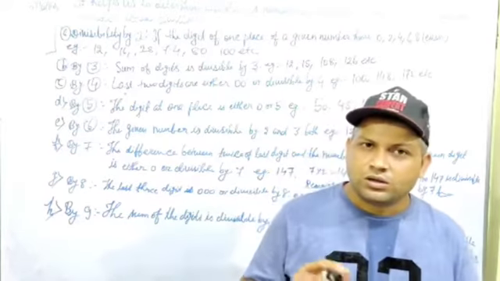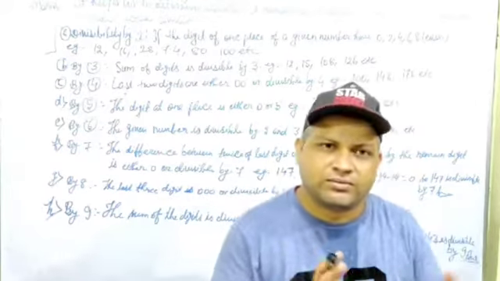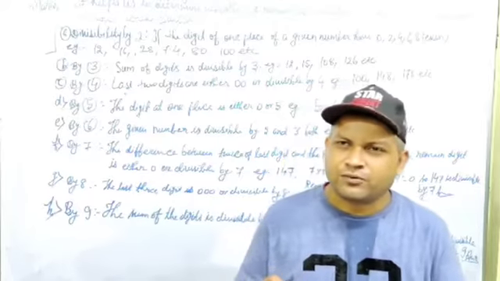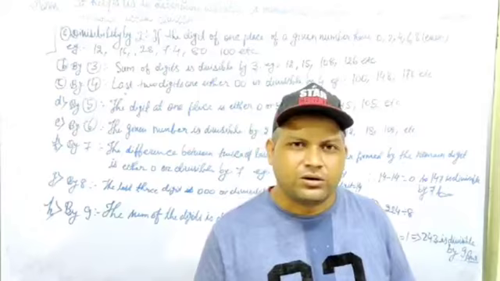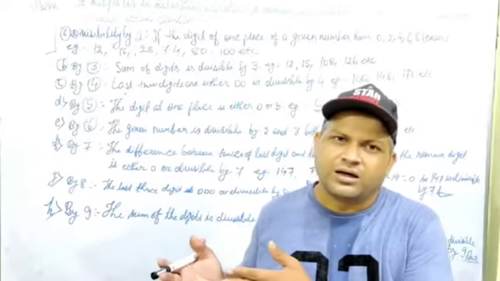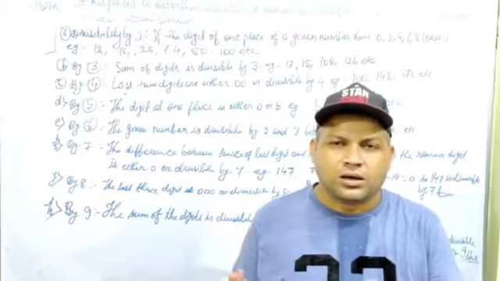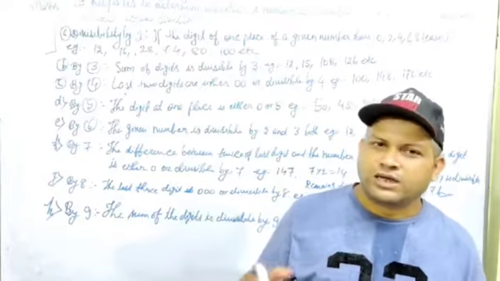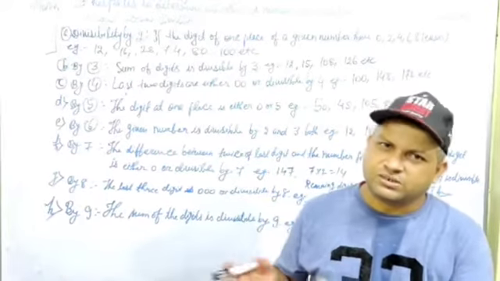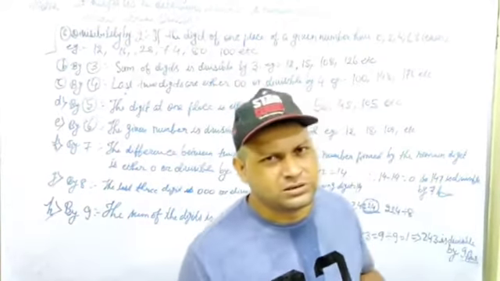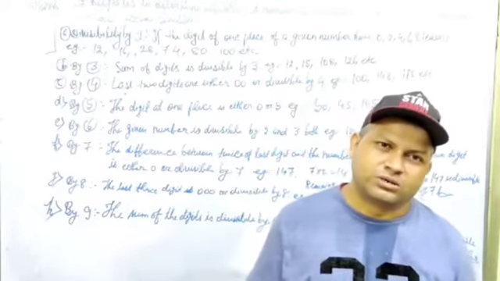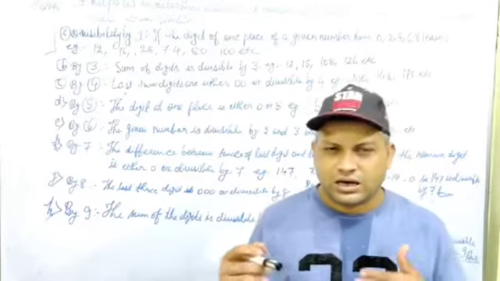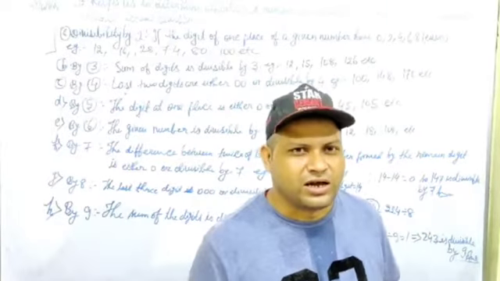But this is also without divisions. With the help of division we can check it easily by knowing the remainder. If the remainder is 0, then we can say the number is divisible. If the remainder is not 0, then we can say the number is not divisible. But division takes a lot of time.